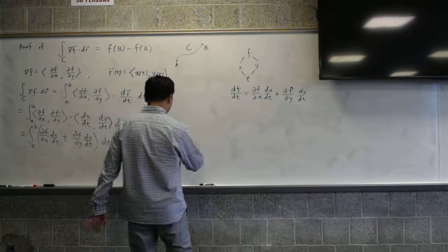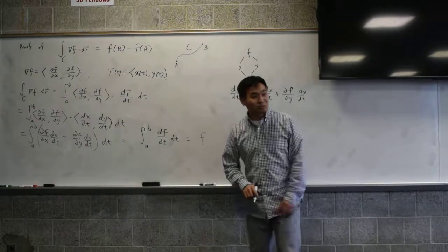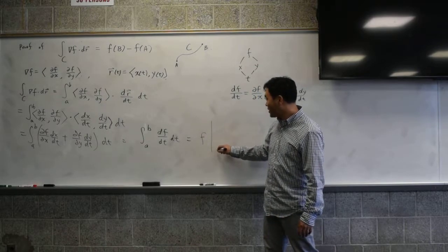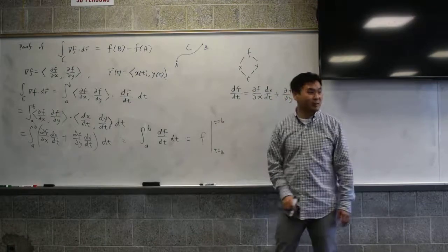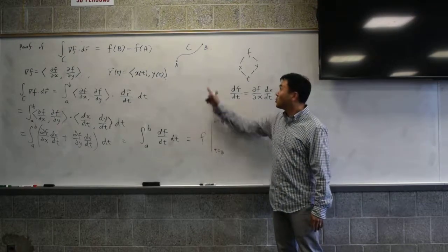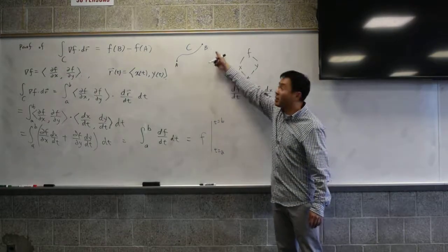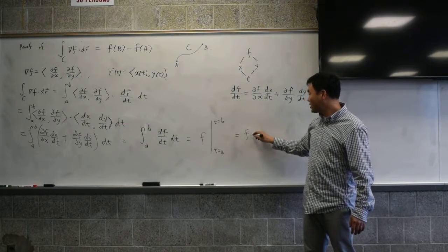You get the function back, right? And then you have to evaluate at t equal to a and t equal to b. But when t is a, which point are you at? Point A. When t is b, where are you at? Point B. Therefore, it will be the same as evaluating the function f.